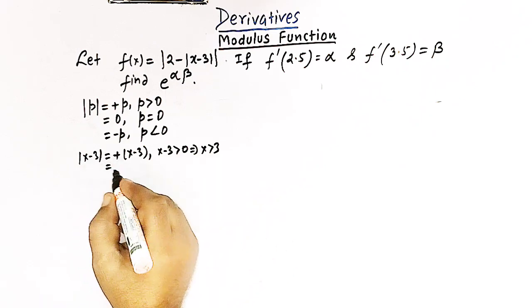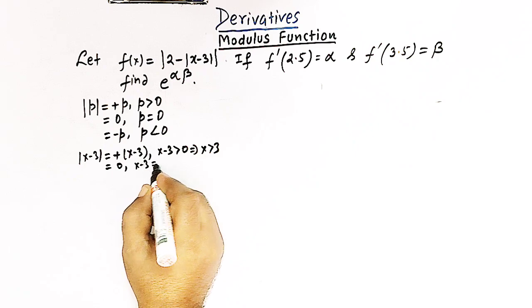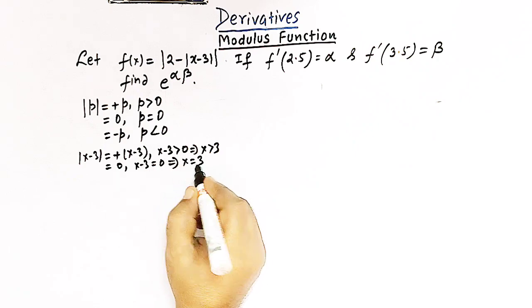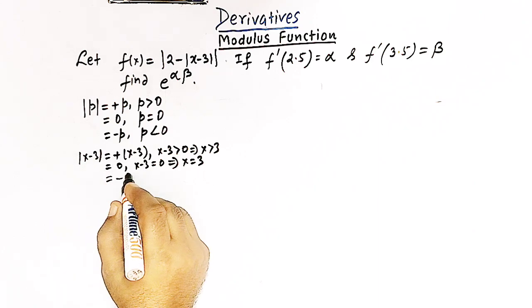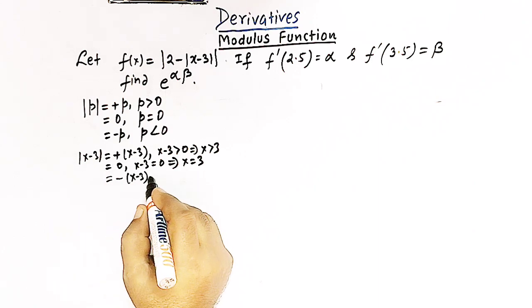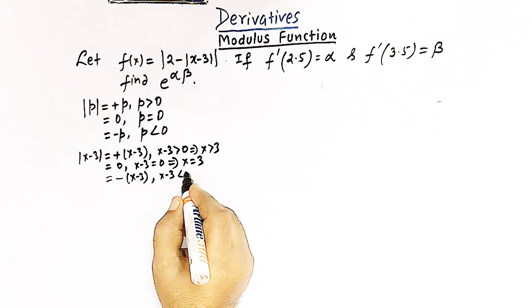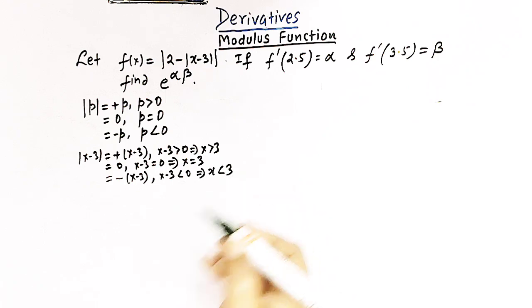And here mod of x minus 3 is 0 when x minus 3 is equal to 0. So this implies x is equal to 3. And mod of x minus 3 is negative x minus 3 when we have x minus 3 less than 0. So we have x less than 3.